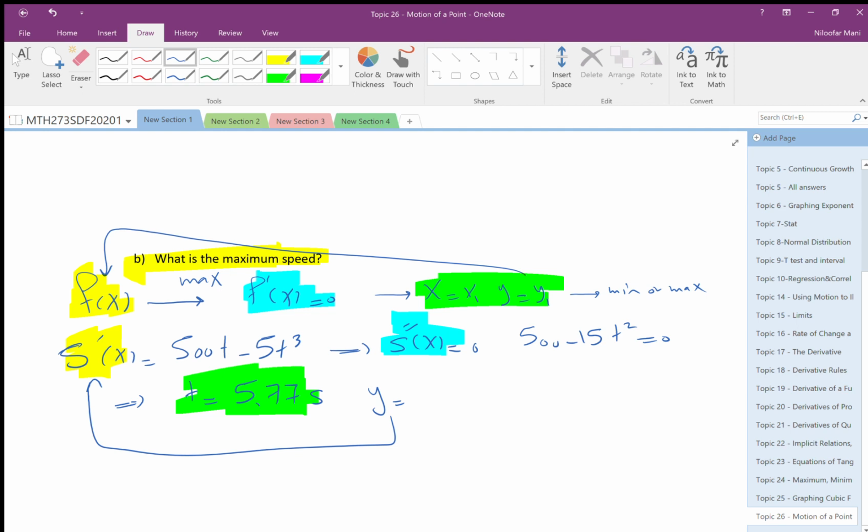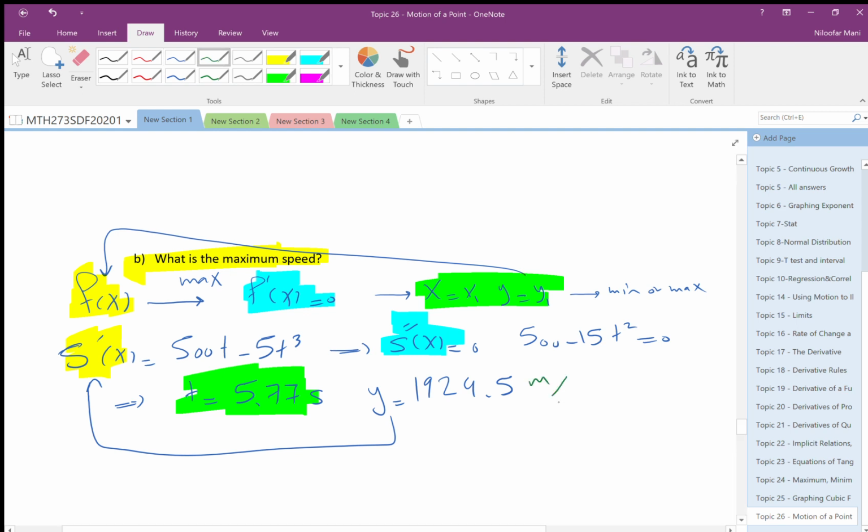Yes. And this is 1924.5. So 1924.5 is y, which is the speed.